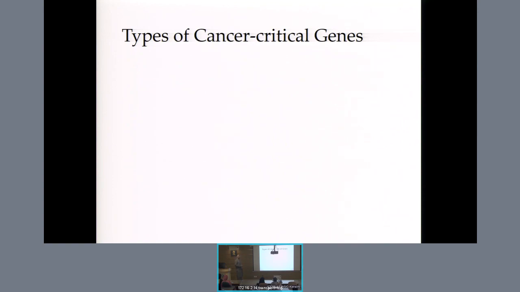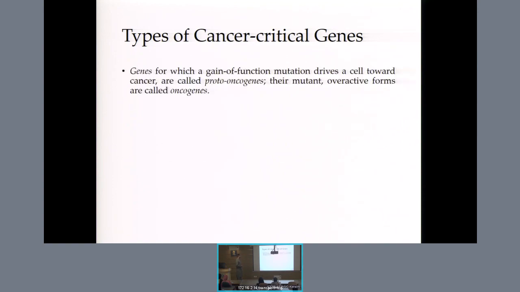What are the types of cancer critical genes? Genes for which a gain of function mutation, जिसमें एक म्यूटेशन हुई, उस म्यूटेशन की वजह से उसने कोई नया फंक्शन अडॉप्ट कर लिया. A gain of function, एक गेनिंग हुई है फंक्शन में, drives a cell toward cancer. और वो फंक्शन जो उसने गेन किया है वो कैंसर में किरदार अदा कर रहा है.